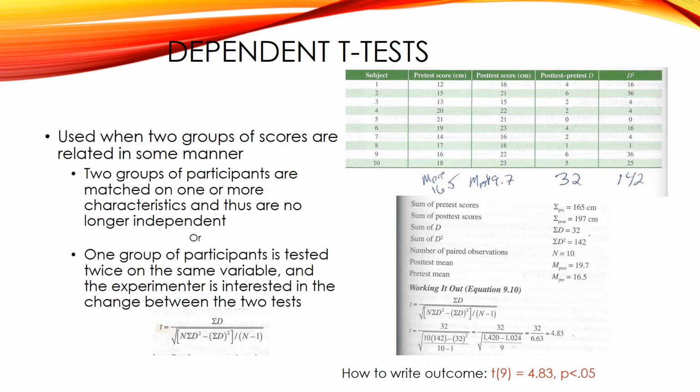A dependent t-test just means that there are two groups of scores that are related in some manner, whether two groups of participants are matched on one or more characteristics, so they're not independent, or one group of participants is tested twice on the same variable, and the experimenter is interested in the change between those two measurements. That's usually a pre-test, post-test, but there is no control. It's just a pre-test, post-test on a group.